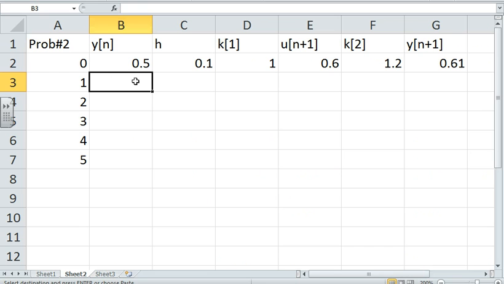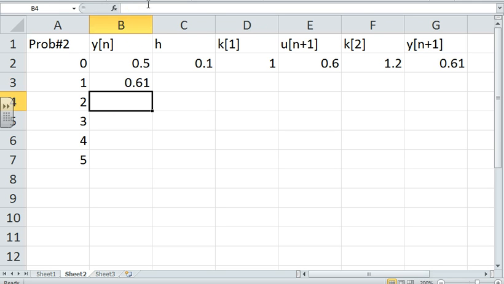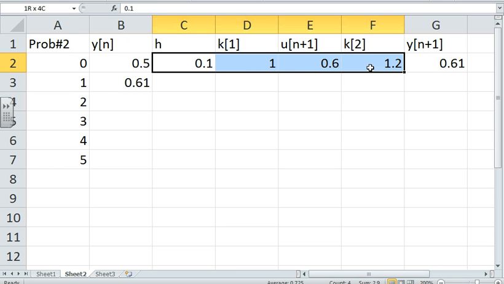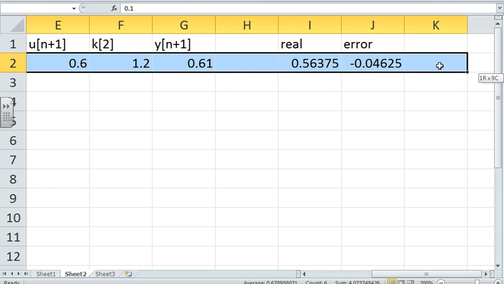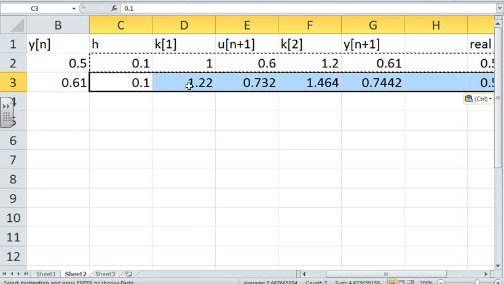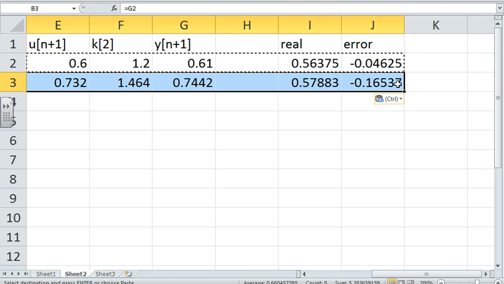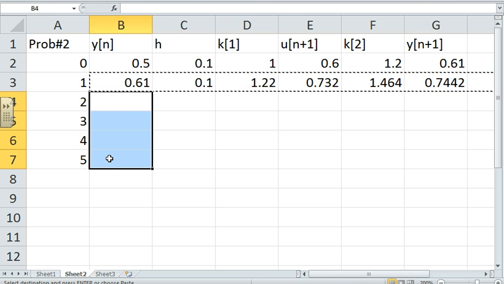This guy is G2, and these guys are all copied. Copy. Paste. Copy. Paste.